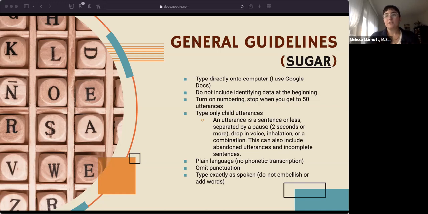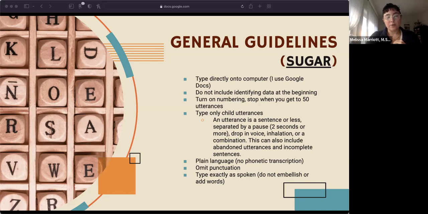So generally, when I am transcribing a language sample, I do listen to it after the time that I have actually taken it, and just type directly into any word processing software. Sometimes for kids with intelligibility issues, I'll have to listen to the same segment a handful of times just to make sure I heard what they said.